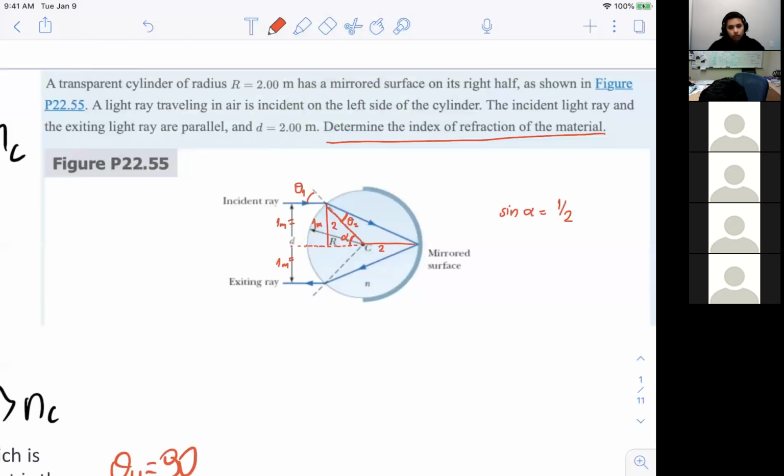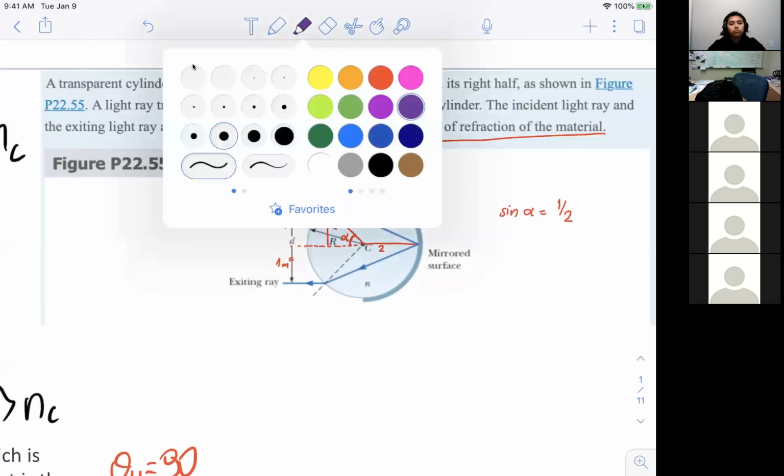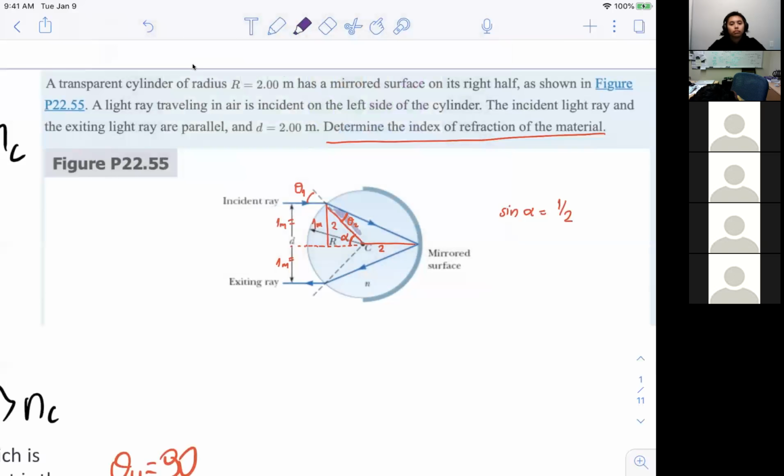And from trigonometry, you will see this triangle has equal sides, so this angle has theta 2 here as well.